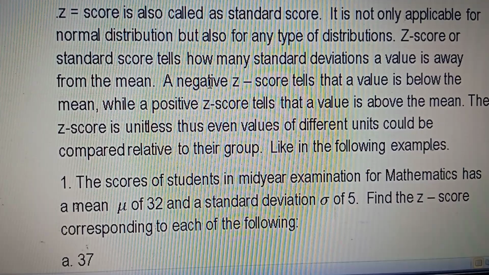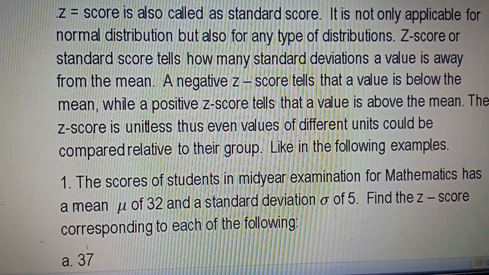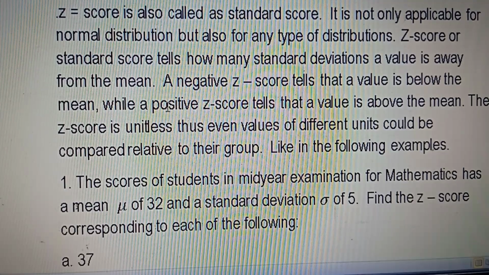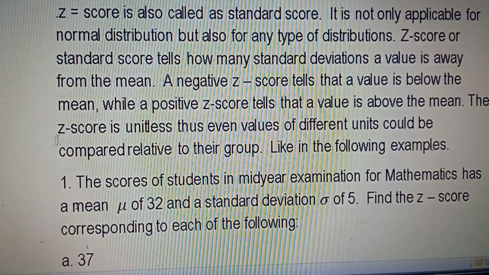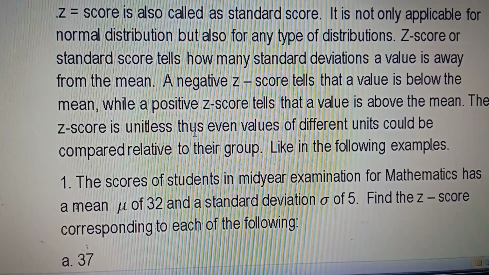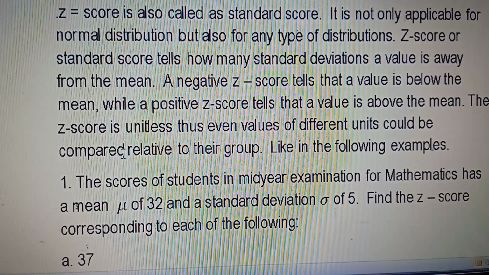A negative z score tells that a value is below the mean, while a positive z score tells that the value is above the mean. The z score is unitless, thus even values of different units can be compared relative to their group, like in the following example.